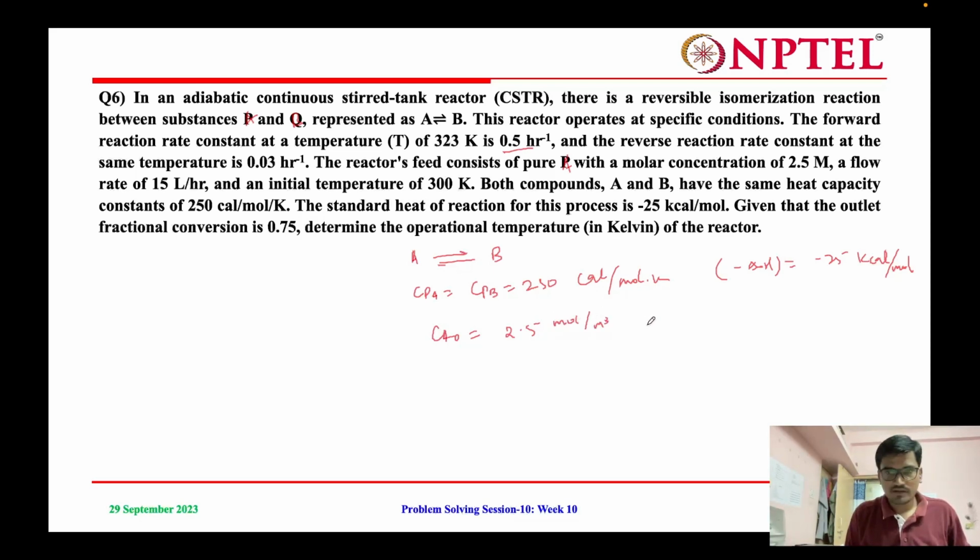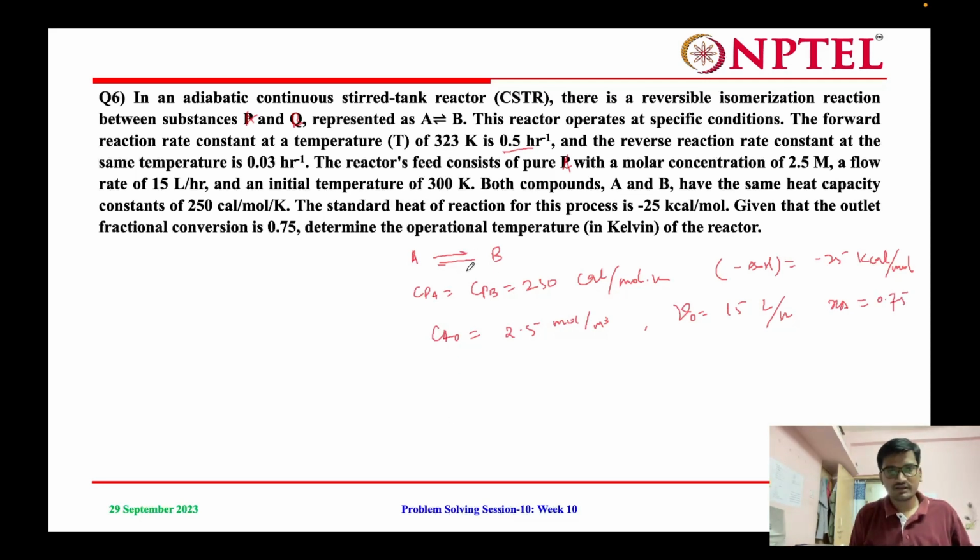The flow rate is given as 15 liter per hour, and X is given as 0.75.